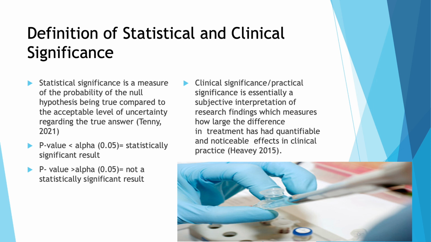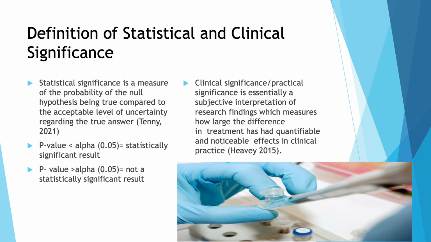Broadly speaking, statistical significance is assigned to a result when an event is found to be unlikely to have occurred by chance. Therefore, statistical significance is a measure of the probability of the null hypothesis being true compared to the acceptable level of uncertainty regarding the true answer.